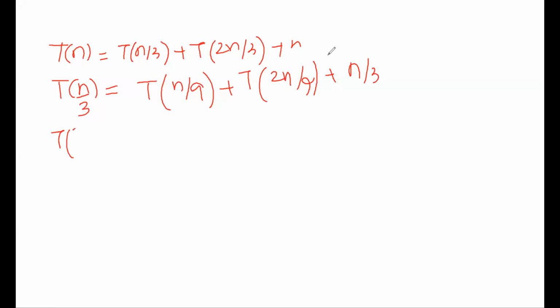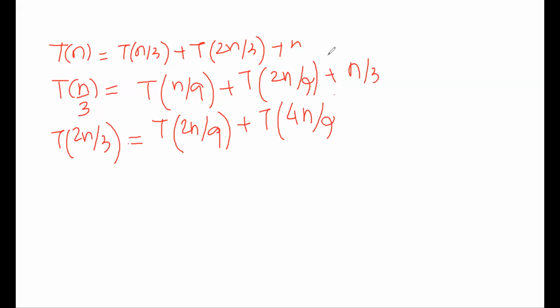And what is T(2n/3)? That is T(2n/9) plus T(4n/9) plus 2n/3.